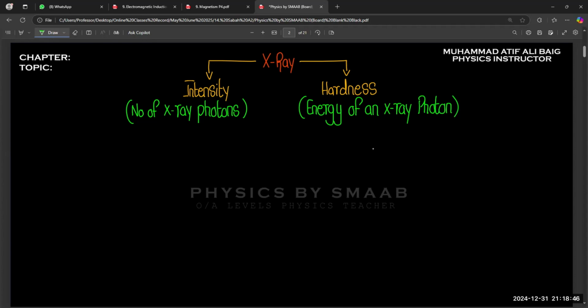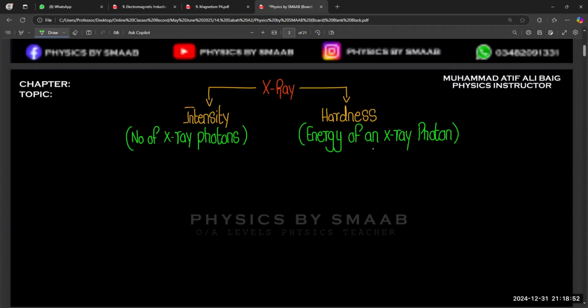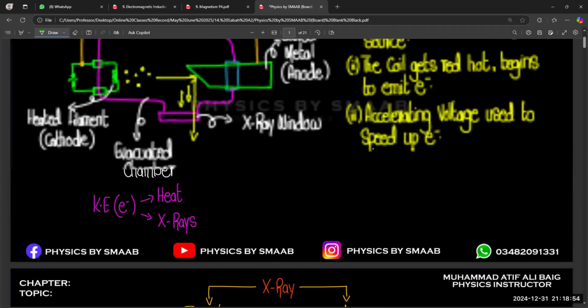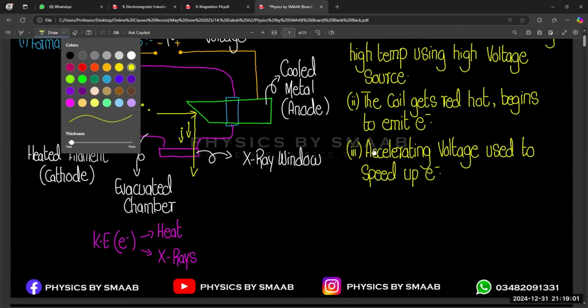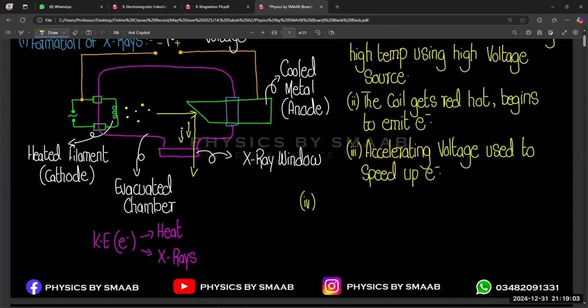And why are we getting photons? Basically, when electrons are moving towards the anode and strike the metal target on the other side, they lose energy.